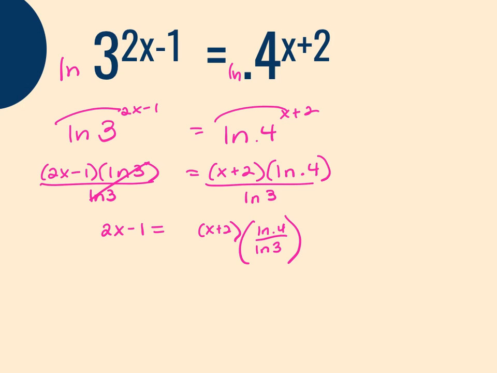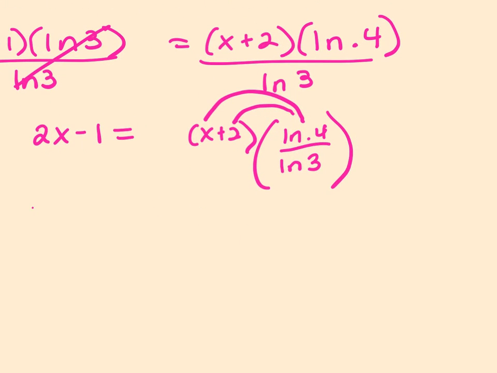But dividing by that x plus 2 is not going to solve it. It's just going to keep moving it back and forth. So if you've got x's on both sides and they're part of both products, I actually have to distribute this to both terms here. So I'm going to get 2x minus 1 equals ln 0.4 over ln 3 times x plus 2 times ln 0.4 over ln 3.